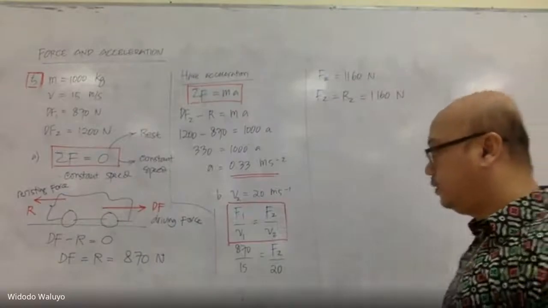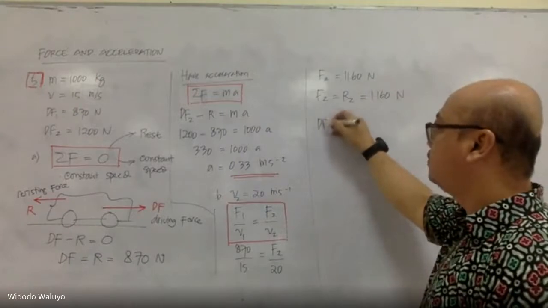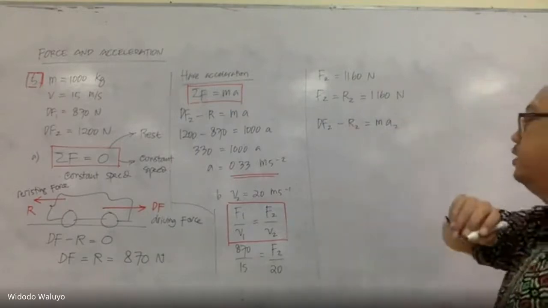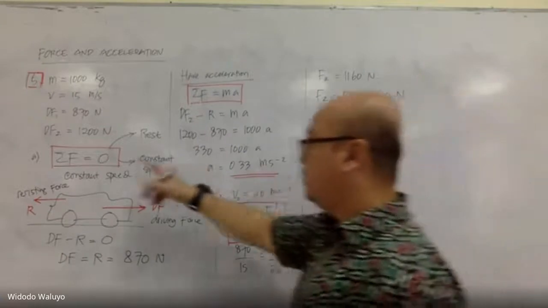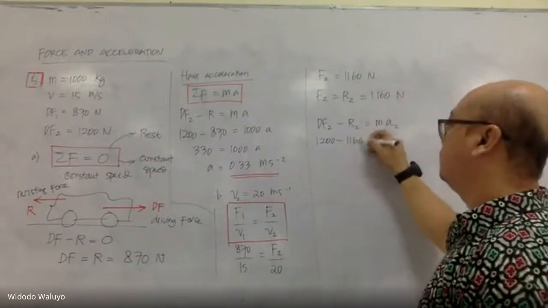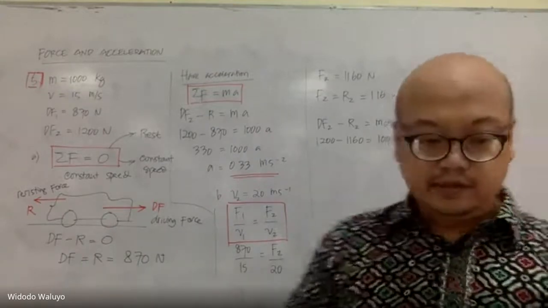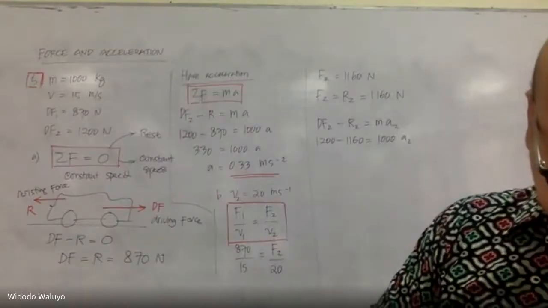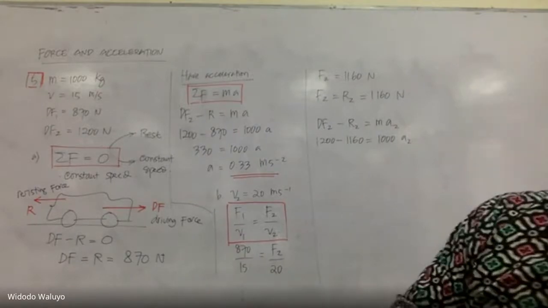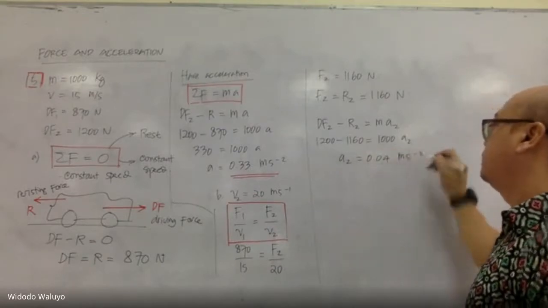So what about the acceleration? For the acceleration we use the formula driving force minus resisting force equals ma, this is actually a2. The driving force is still 1200 minus the resisting force 1160 equals 1000 a2. So a2 is 0.04 meter second minus 2.